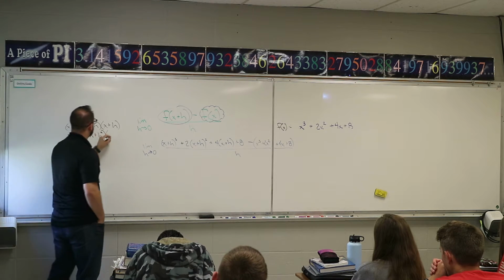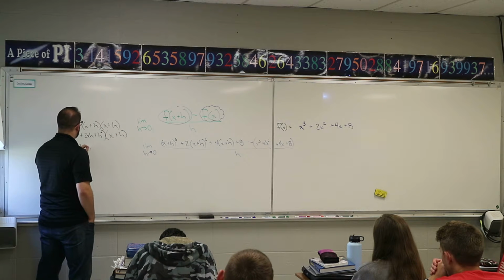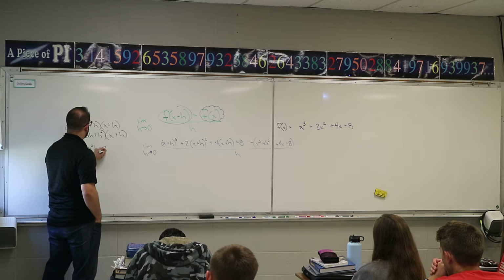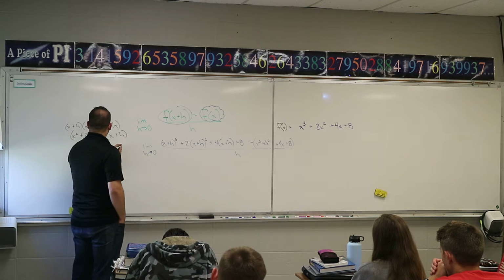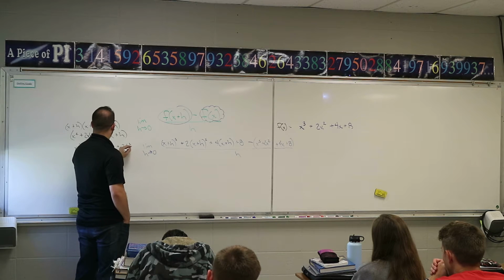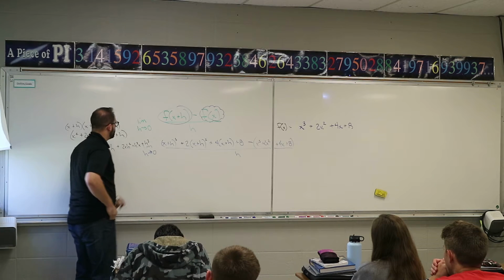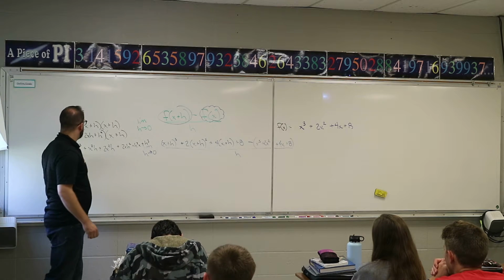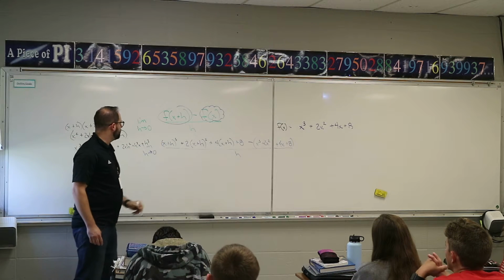That's foiling the first 2 together, then foiling the back 2. It's x cubed plus x squared h plus 2x squared h plus 2xh squared plus h squared x plus h cubed. All right, so there's that. That's this menacing thing.